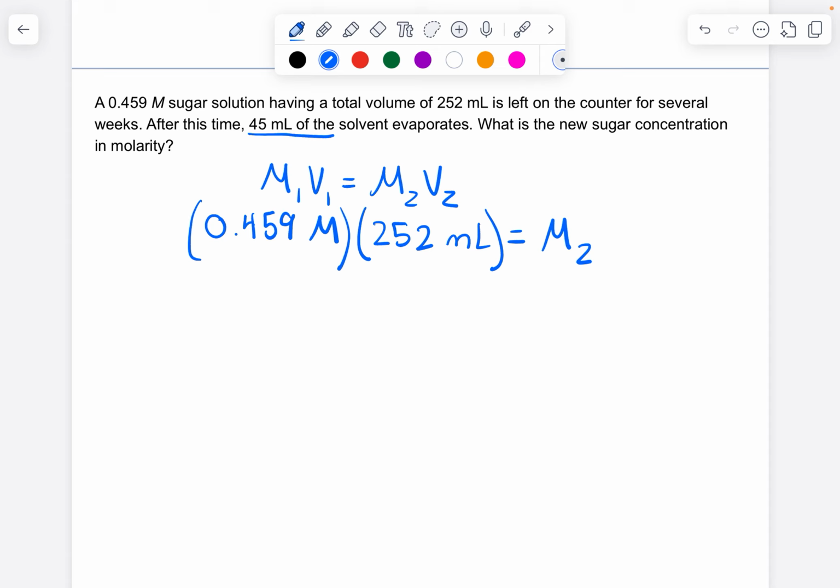Okay, so you know it's a dilution equation because you've got two volumes and one molarity, and they're asking you for a new molarity. So the new volume is going to be 252 minus 45, or 207 milliliters. So the new molarity, this is actually getting more concentrated because you're evaporating, will be 0.559 molar.